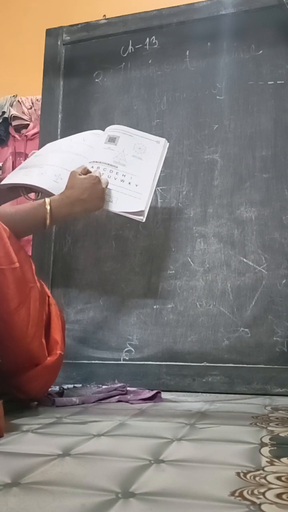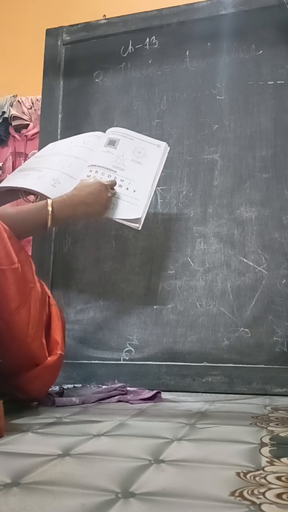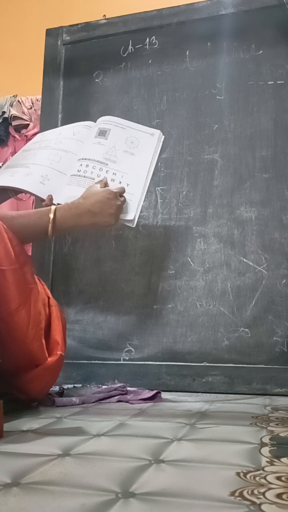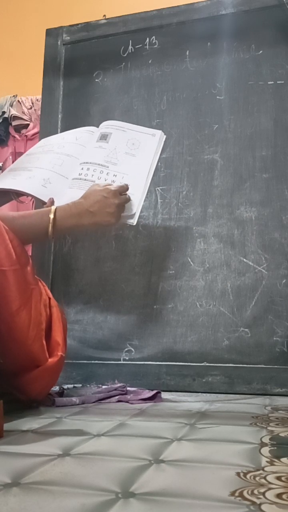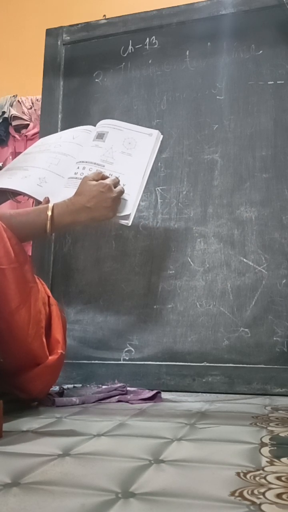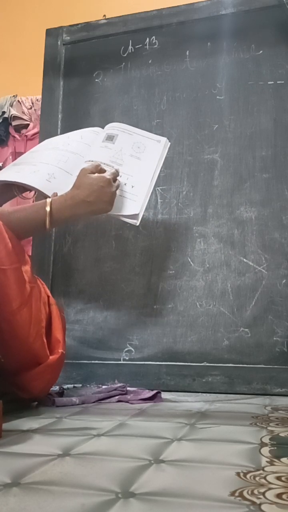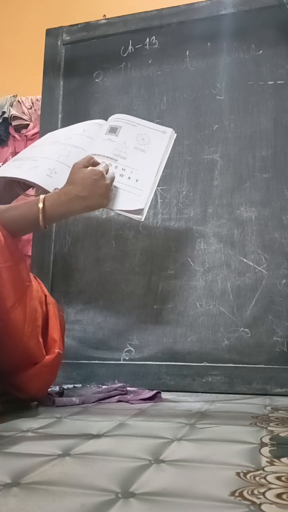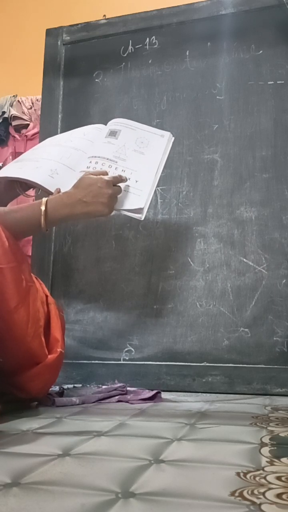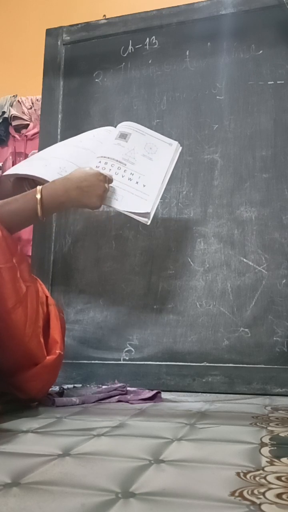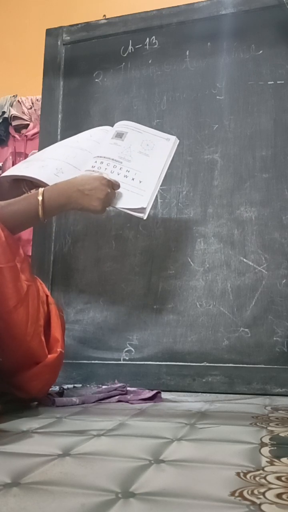In the case of O, 2. In the case of T, 1. In the case of U, 1. In the case of V, 1. W, 1. And in the case of X, how many? 2. In the case of Y, 1. These are the English alphabets where we get lines of symmetry, 1 or more than 1.